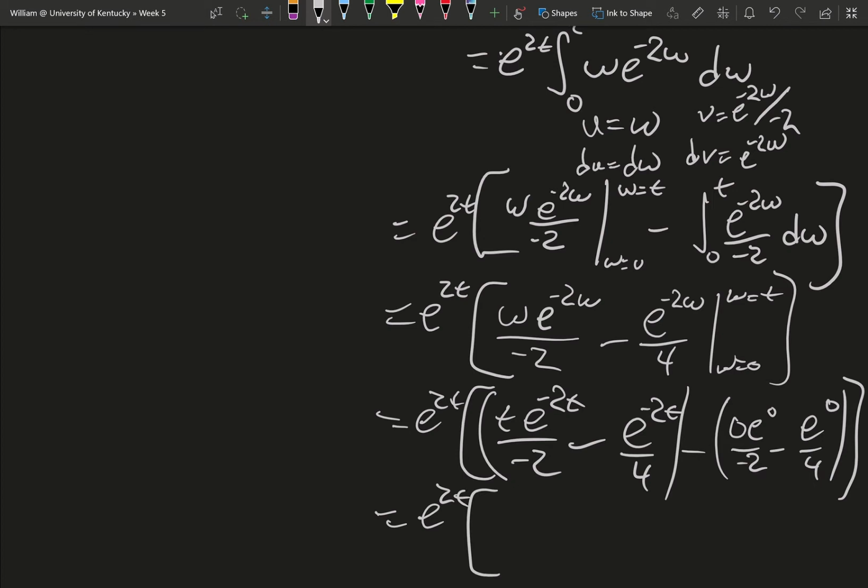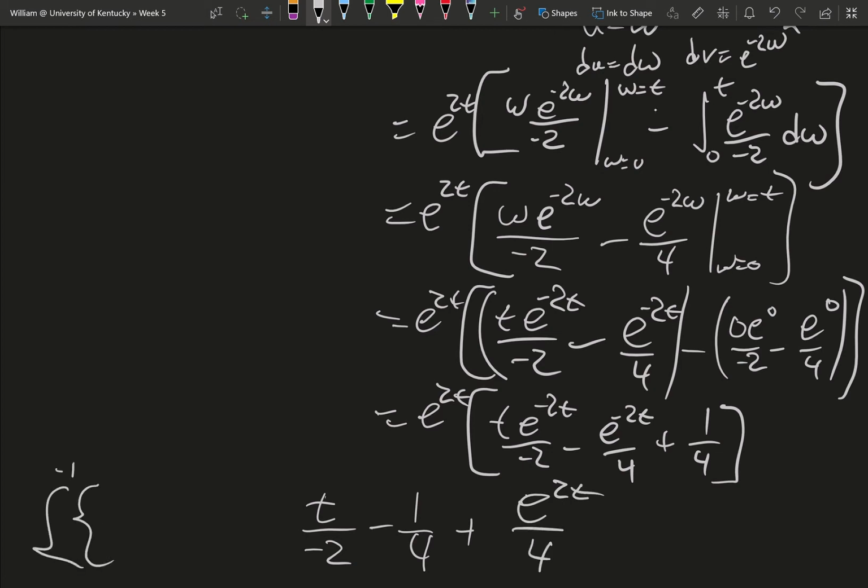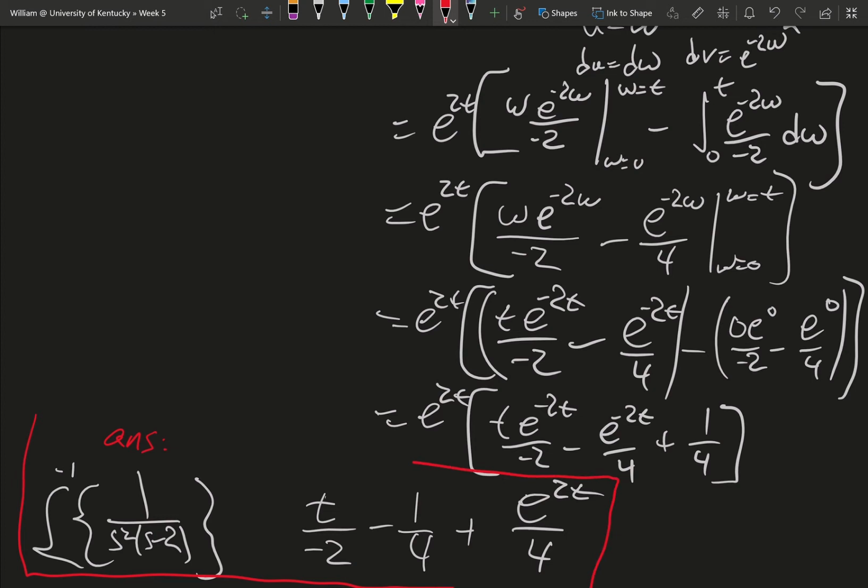And after doing a little bit of simplifying, we'll get our answer is t over negative 2 minus 1/4 plus 1/4 e to the 2t. And that's our final answer.